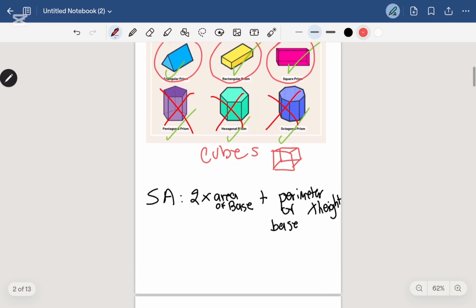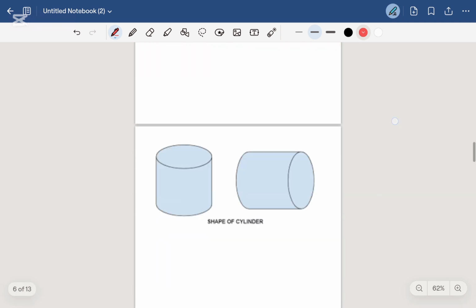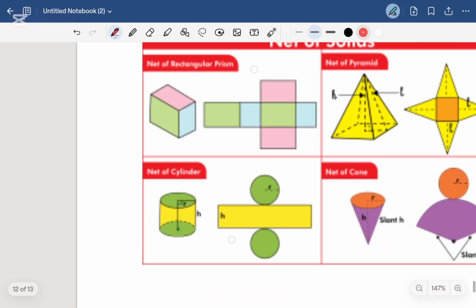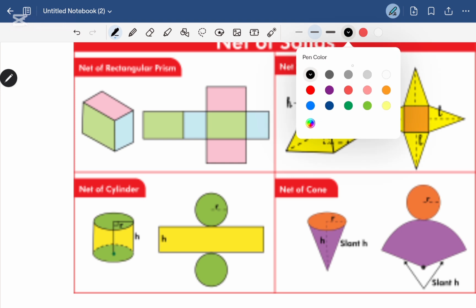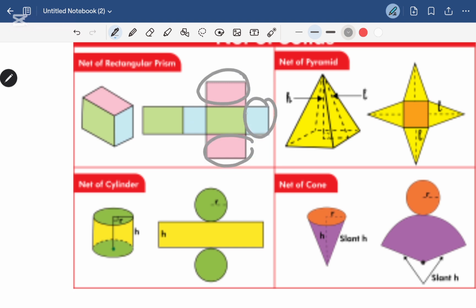You could do it like this, or you could add all of the areas of all of the surrounding sides. So let me just go to the bottom because I have a figure at the bottom. So we are dealing with what? We are dealing with prisms, okay? To find the surface area of a prism, we are going to add the area of all of the shapes. So of this side, of this side, of this side, of this side, of this side, and this side.